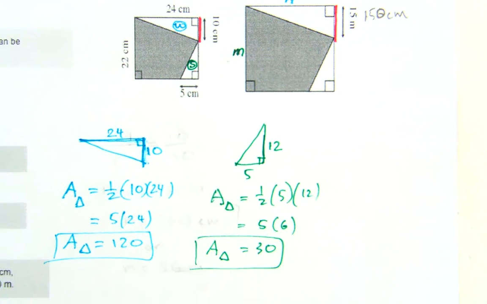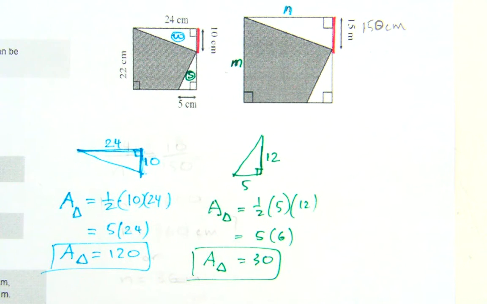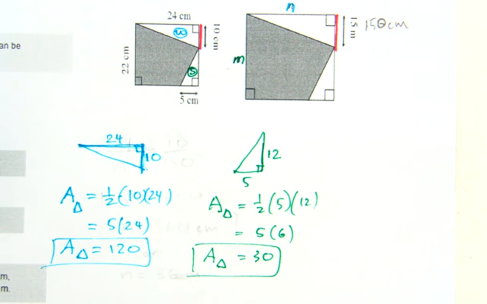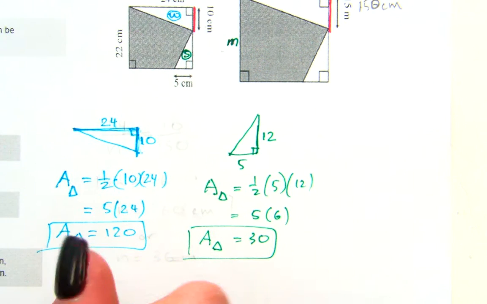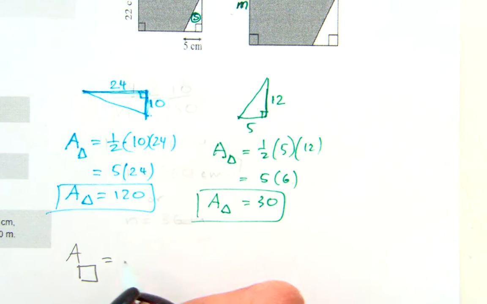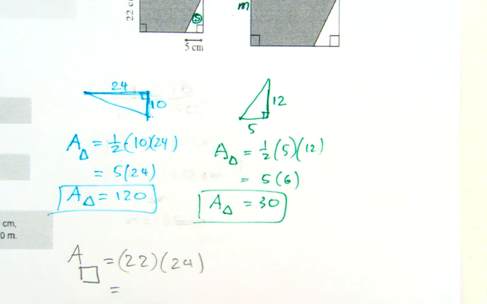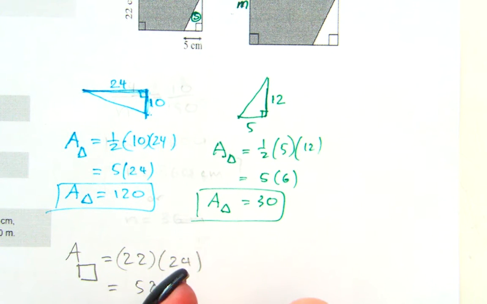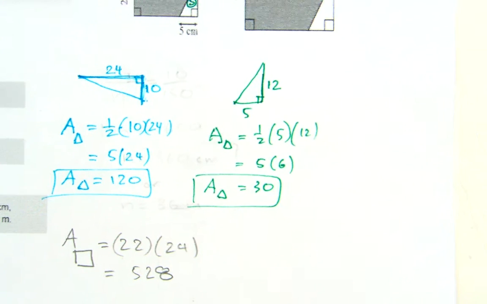Now, let's see. We have the area of the whole rectangle. The area of the rectangle is 22 by 24. So that's going to be a really big number. Oh my goodness, 528, I should say.